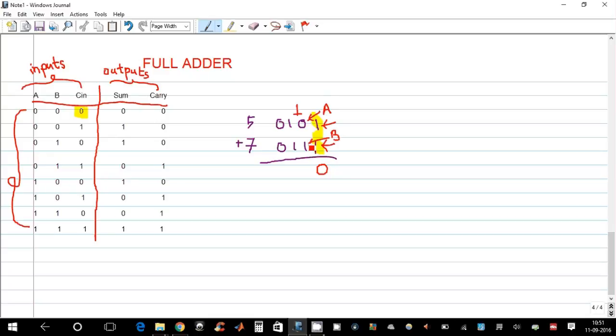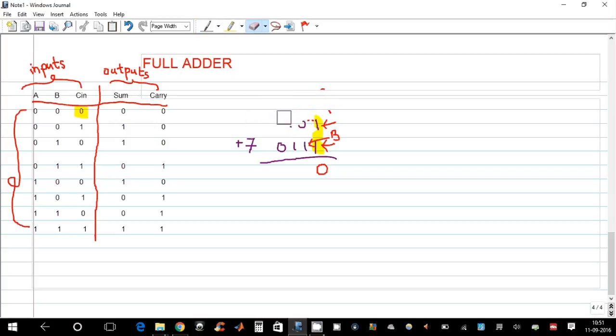Because we have one more input which was generated from the previous half adder circuit. So that is the carry out of that half adder circuit, that will be carry in. So this input we will call as C in, that is the carry in to our circuit. So addition of these 3 bits A, B with this C in is our full adder.